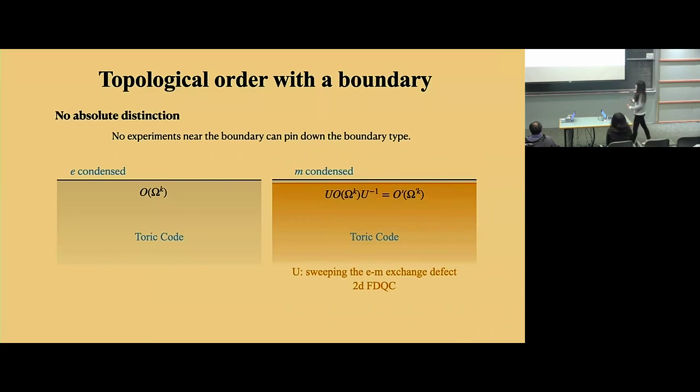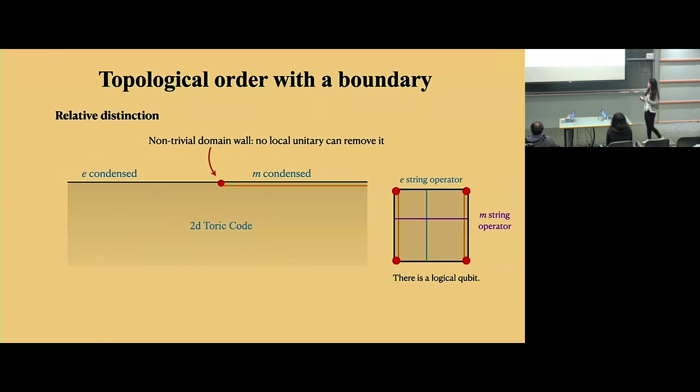So that means if you only handle one boundary condition, there's no absolute difference between these two as they are related by a finite depth quantum circuit. Nevertheless, we know there must be two different boundary conditions because if we put them together, there will be a domain wall in the middle. And this domain wall is always non-trivial.